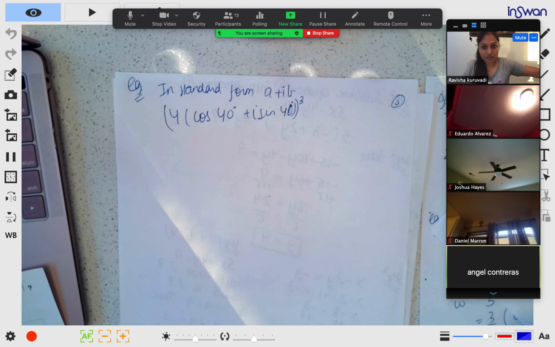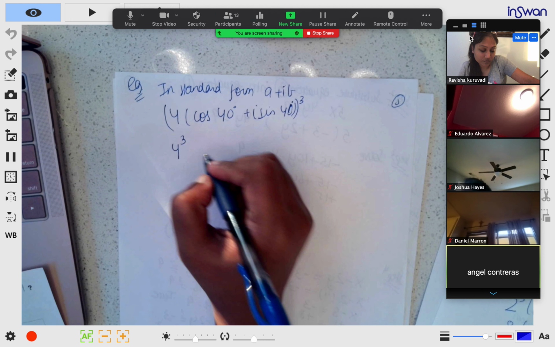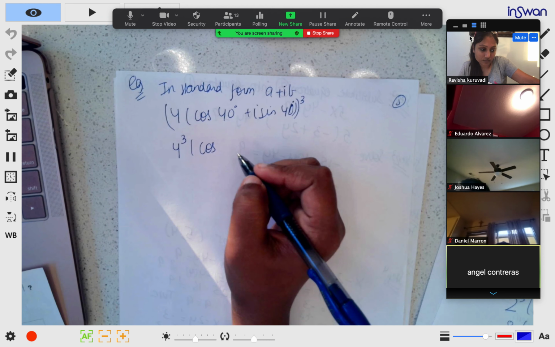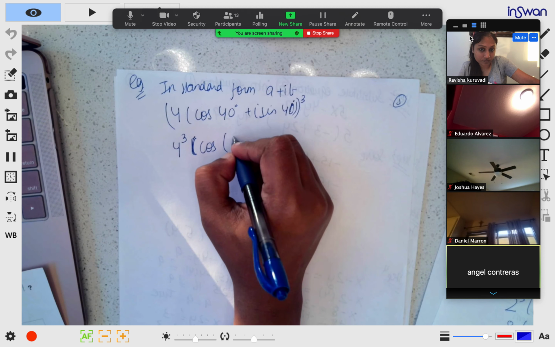So it'd be 4 to the third power. Yes, correct. 4 to the third power, parentheses, cosine. Do we put it to the third power, or should we just calculate it now? No, you don't put it to the third power.